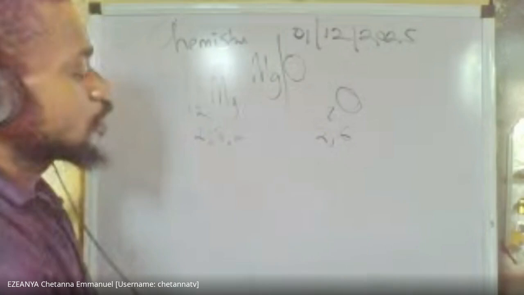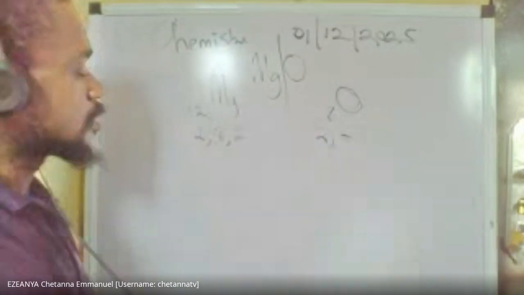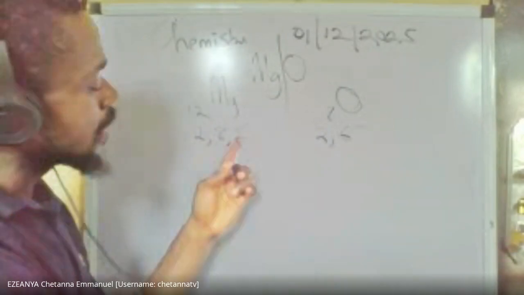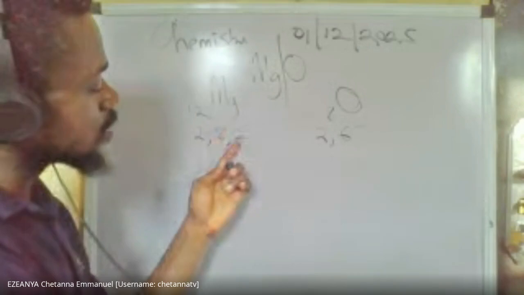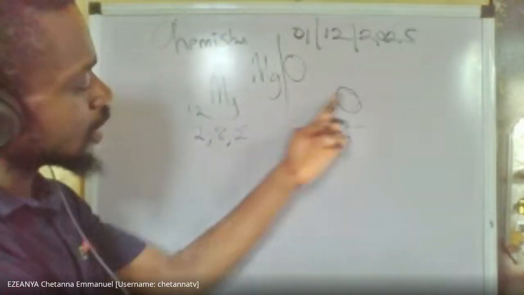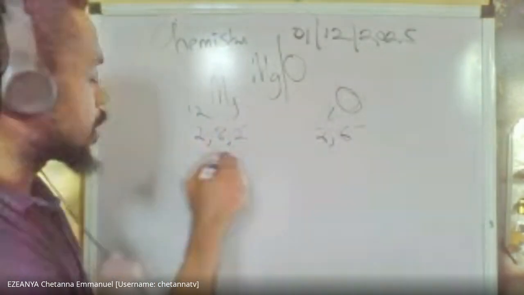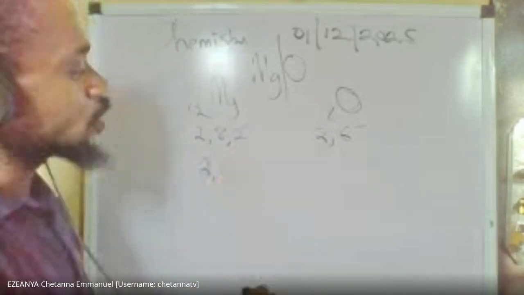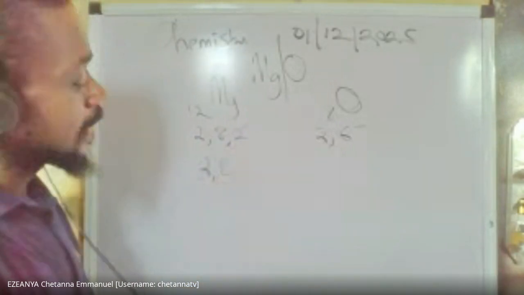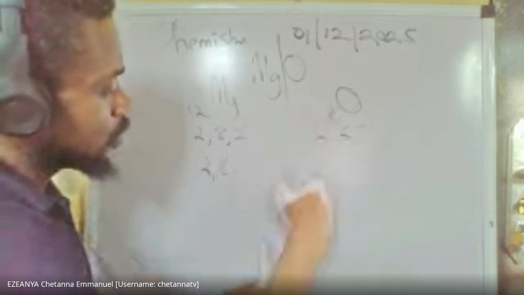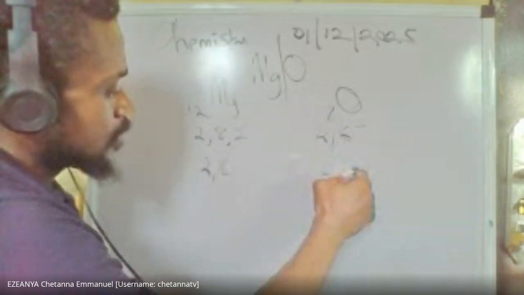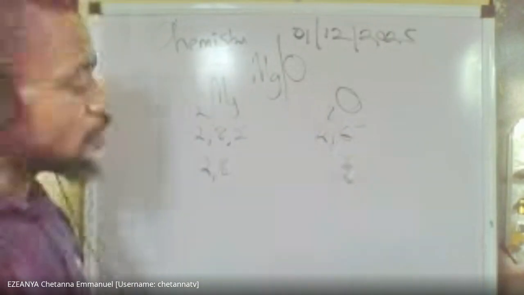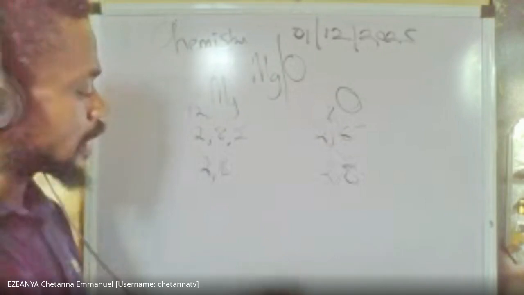Oxygen is 6. So magnesium can easily lose 2 electrons to attain octet configuration, whereas oxygen can easily gain 2 electrons. If you add 2 here, it becomes 8, to attain octet configuration.